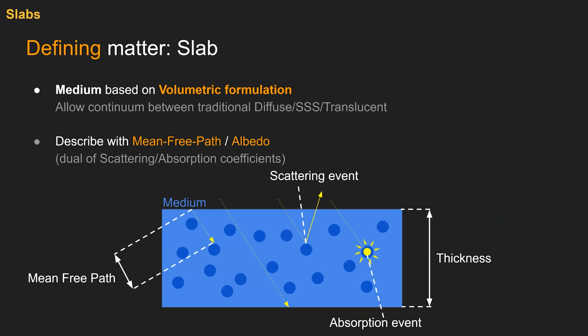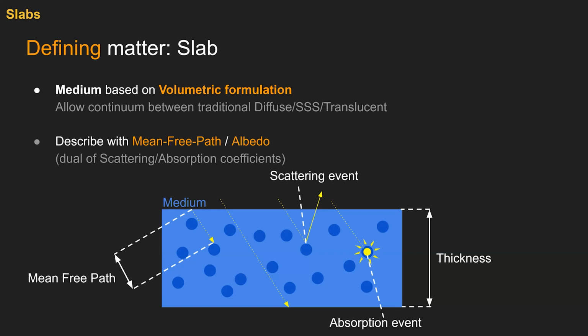The second part of the slab is the medium part, the inner piece of the matter. And there we use a volumetric formulation based on mean free path and albedo that allows us to describe how the light propagates into the matter. Again, we use physical properties with units because it allows us to reach the full appearance without relying on user transform input or user friendly input.